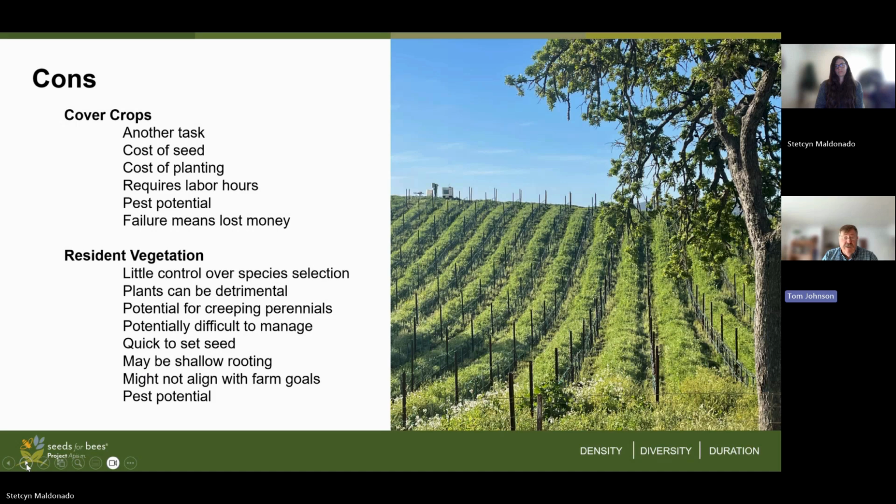Bermuda grass comes to mind, creeping up on the berms and competing for water under the vines or under the trees, getting into your micro irrigation systems and things like that. They can be difficult to manage between less herbicides available out there for that type of stuff, being able to reach under the vine with under vine or under tree cultivation equipment, if that was the way you have to do it.